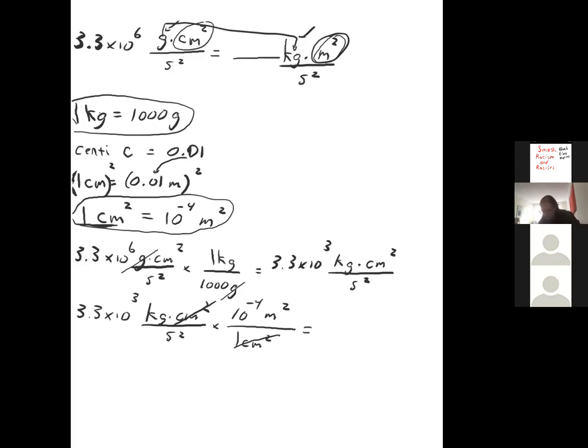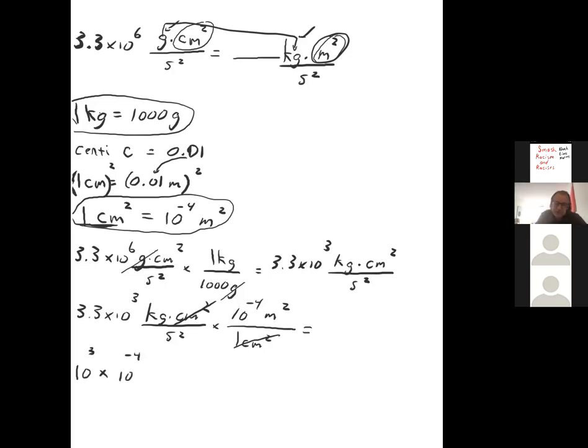I'm going to go over the exponents in a minute, but let me show you right here. You've got 10 to the 3, and you're multiplying it by 10 to the minus 4.